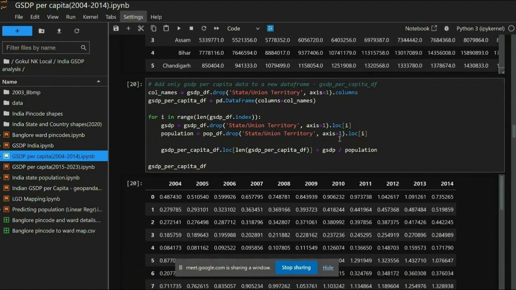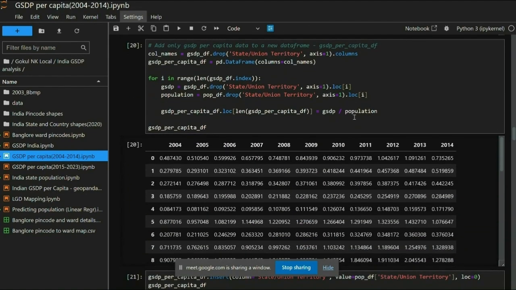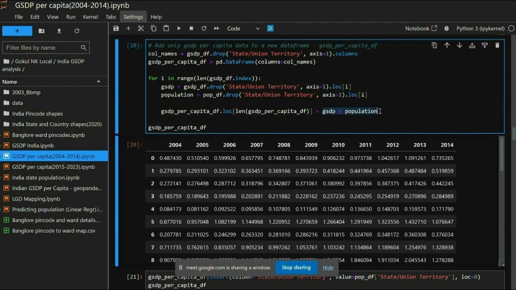Then we are calculating the GSDP per capita by dividing GSDP by the population for each state and adding it into a new data frame. Here we are adding it into a new data frame without the state name initially.